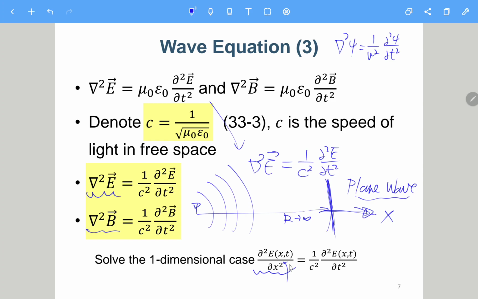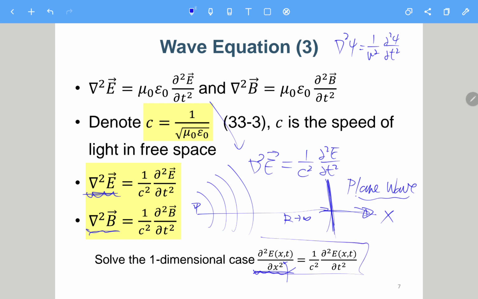But here, if we assume that E is a function of x, then the solution will only relate to x and t. So here we simplify the Laplacian in one dimension, which is the second derivative of E with respect to x, equals, on the right side, it is still the same.